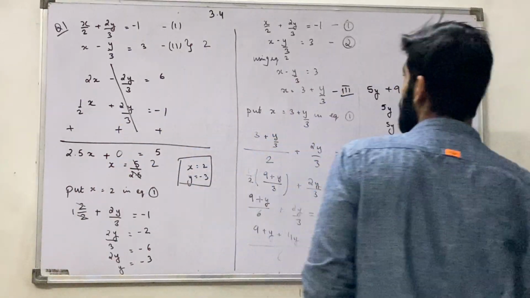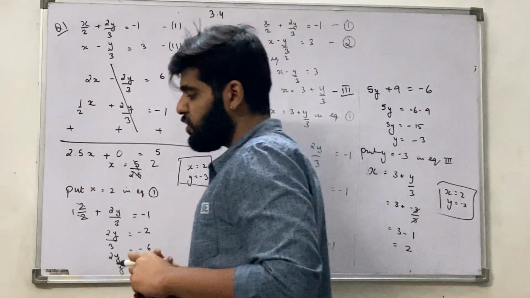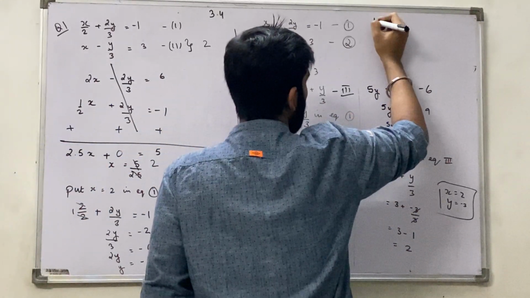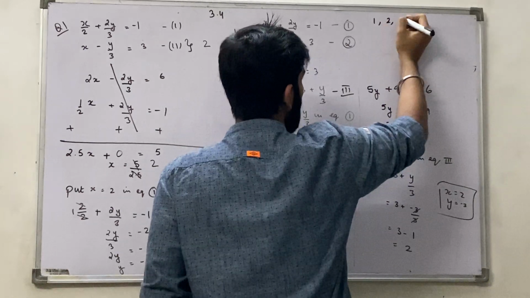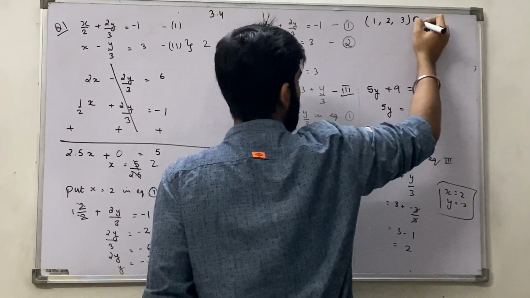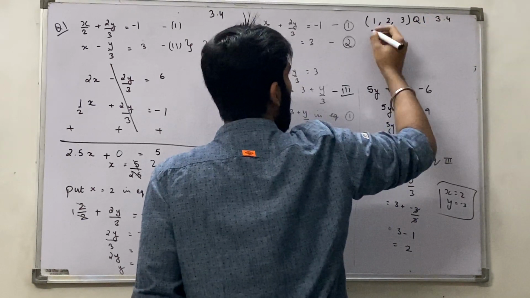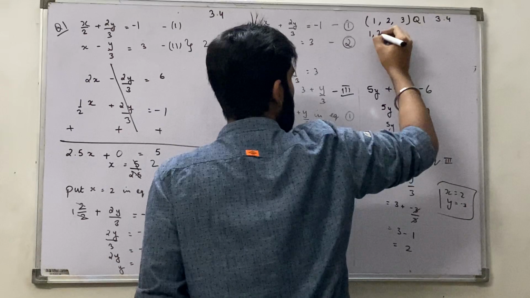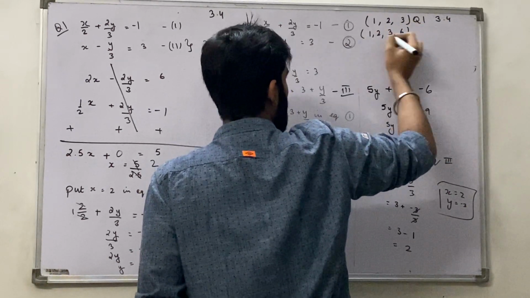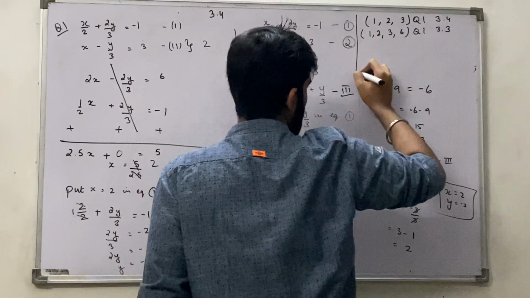Rest of the questions of 3.4, that are question number 1, 2 and 3 from question 1, 3.4 are homework, and 1, 2, 3 and 6 from question number 1, 3.3 are also homework.